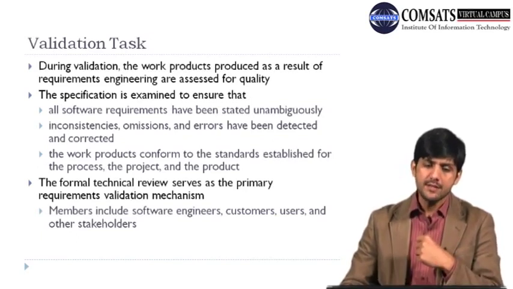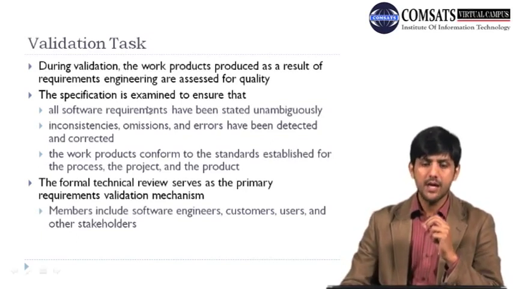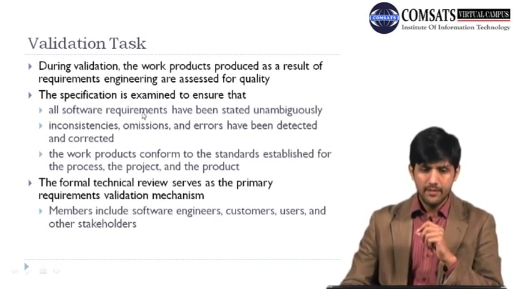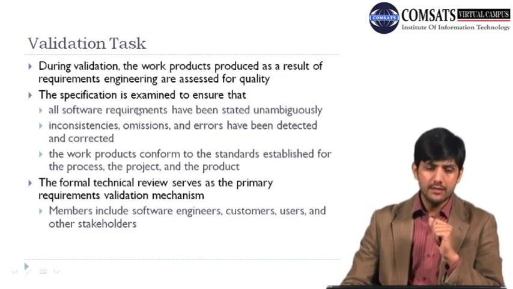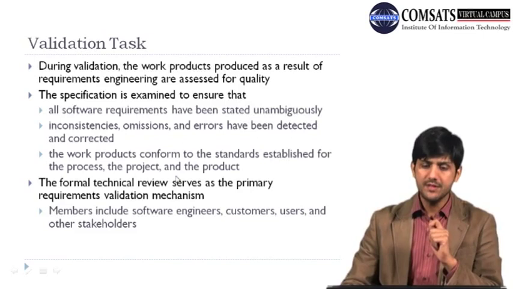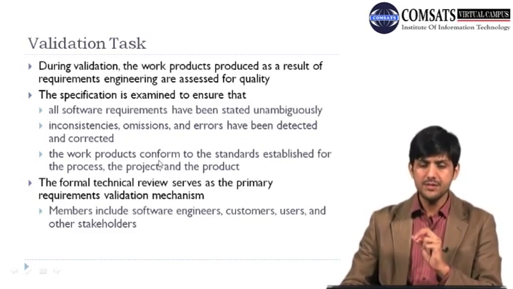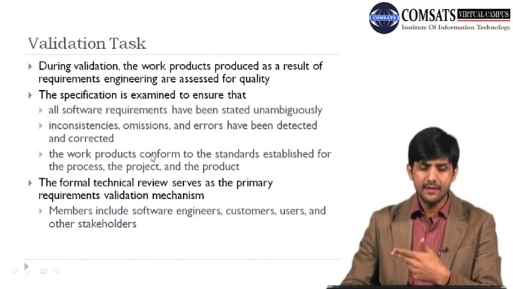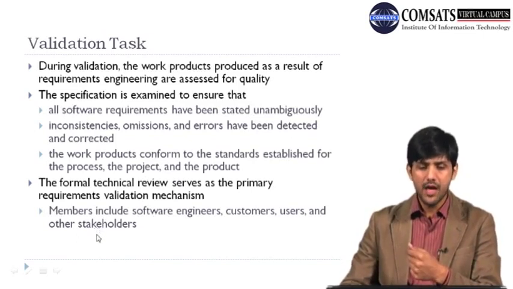During this validation task, the work products produced as a result of requirements engineering are assessed for quality. The specification is examined to ensure that all the software requirements have been stated unambiguously, inconsistencies, omissions and errors have been detected and corrected, and the work products conform to the standards established for the process, the project and the product.